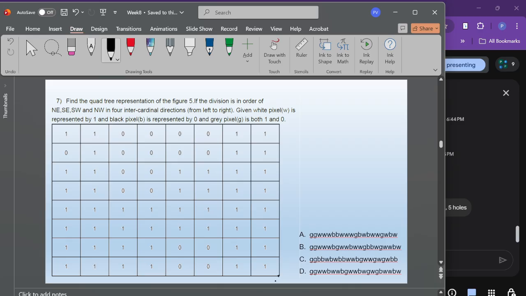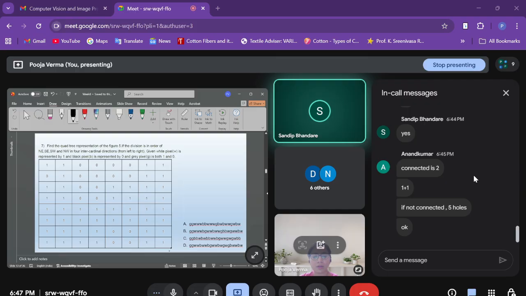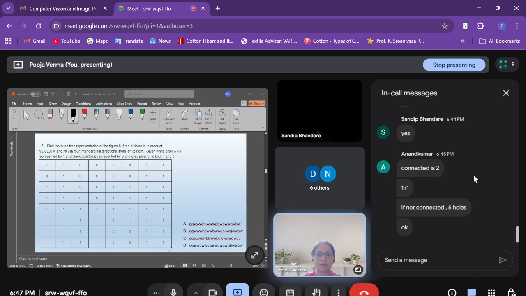So what will be the quadtree representation of this figure? The options are given. So how can we solve this problem?